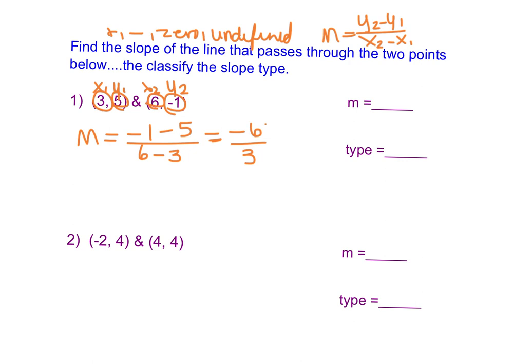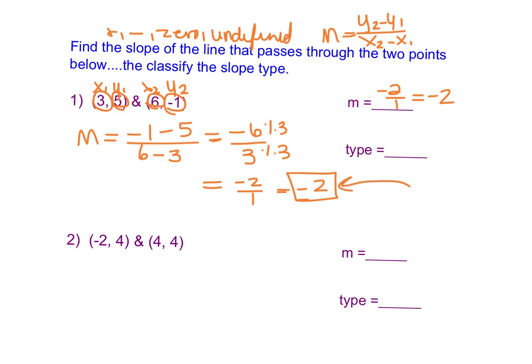I know that both of those are divisible by 3. So this simplifies to be a negative 2 over 1, or simply equal to a negative 2. So m, you could write negative 2 over 1 or negative 2. Either is fine.